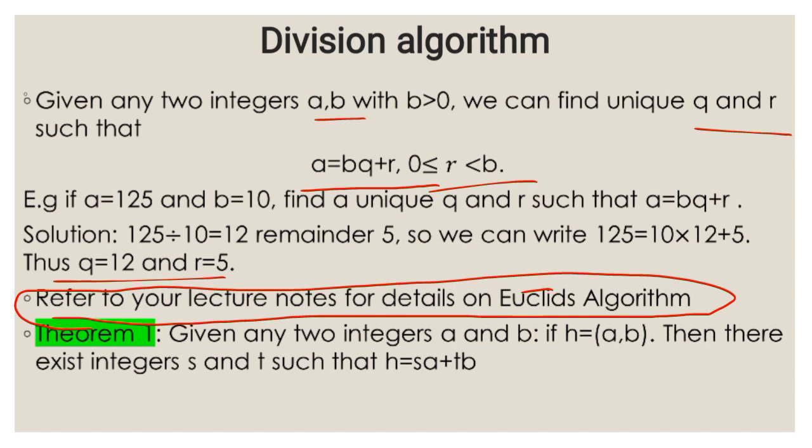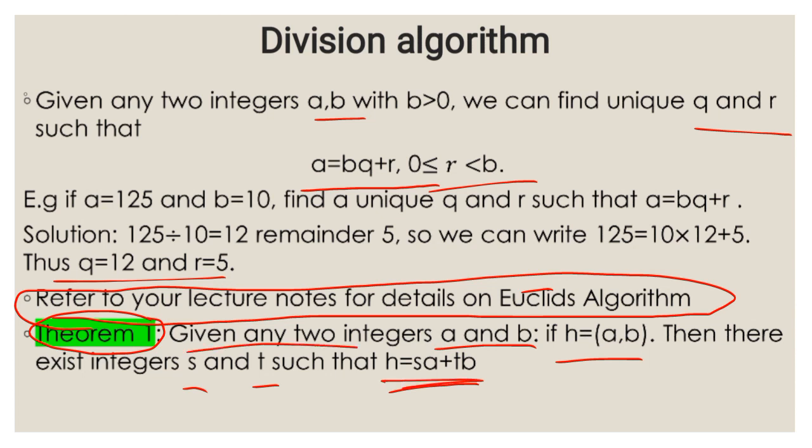Okay, now, theorem 1. I tagged it theorem, a very key theorem because you're going to be using it. So given any two integers a and b, if h is equal to (a, b), meaning that the GCD of a and b is h, then there exist integers s and t such that h can be written as the sum of s times a plus t times b, which is what you see there.